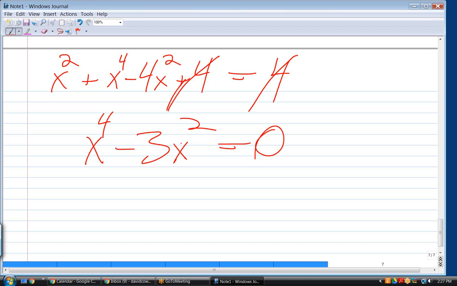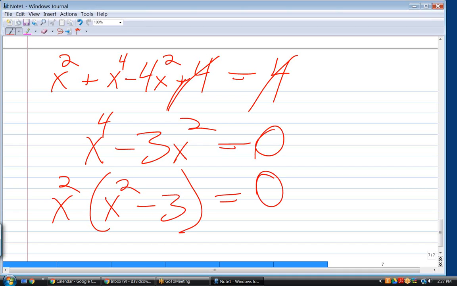So instead of this expression where I have this thing minus this thing, I'm going to factor out an x squared. And what do I have left? x squared minus 3. Notice I didn't change it. And every time you do a factoring, that's what you should always be looking at. Make sure you don't change it when you go from there to there. Okay, and notice if I multiply this back together, I get x to the 4th minus 3x squared.